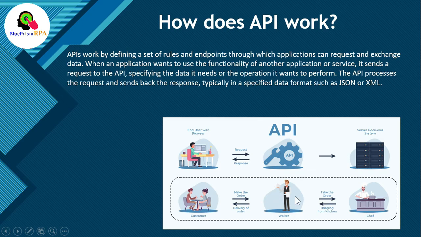You can see using this example, the customer is making the order and then the waiter here is taking the order and then conveying this order to the chef, and then the chef is preparing the food for you, and then the waiter is bringing the food from the kitchen and then delivering that order to the customer. So here the waiter is working as API and this customer is working as an end user, and this chef is your server, that API server.